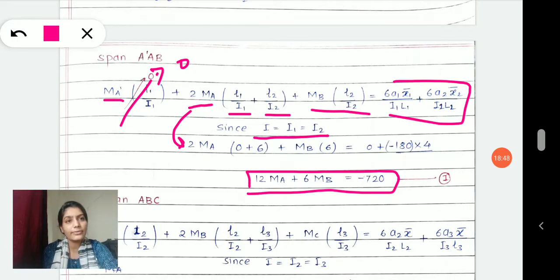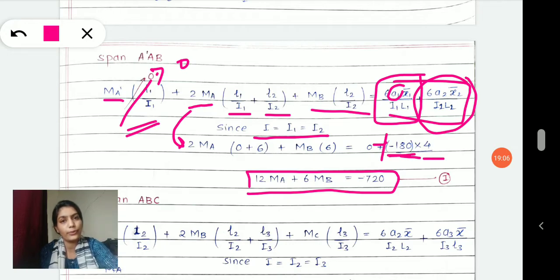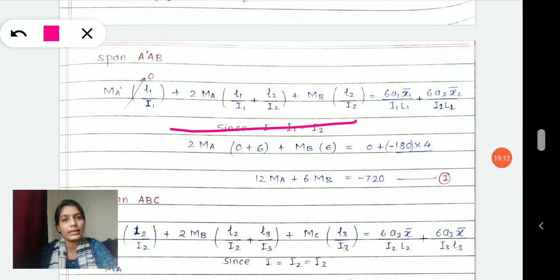Now, in the case of area, I have put the value negative, that you have to remember. Not in this area, because this is the area of the dummy span. So the area you will write for the next span, which is plus into negative 180 into 4. 4 will be the centroidal distance. Here you take the centroidal distance. See here, that is your extended dummy span.